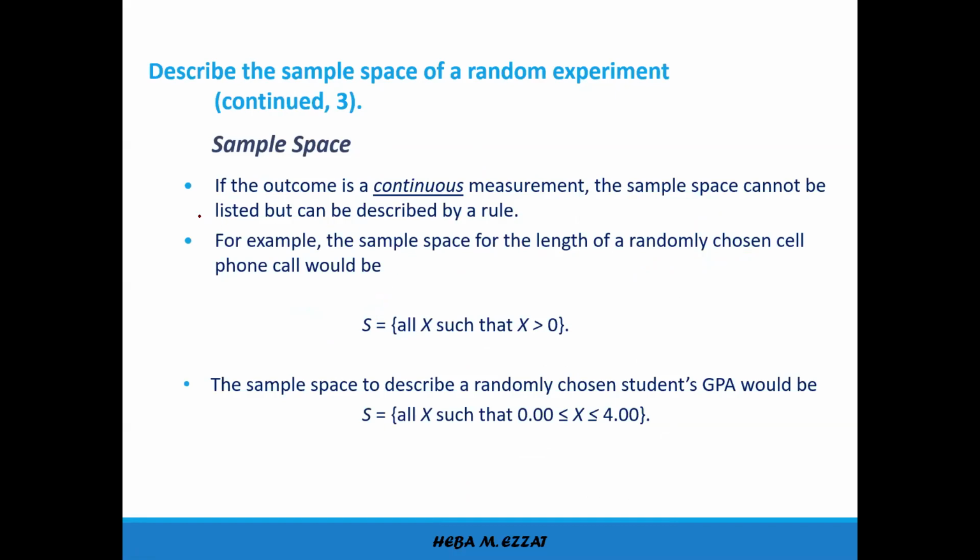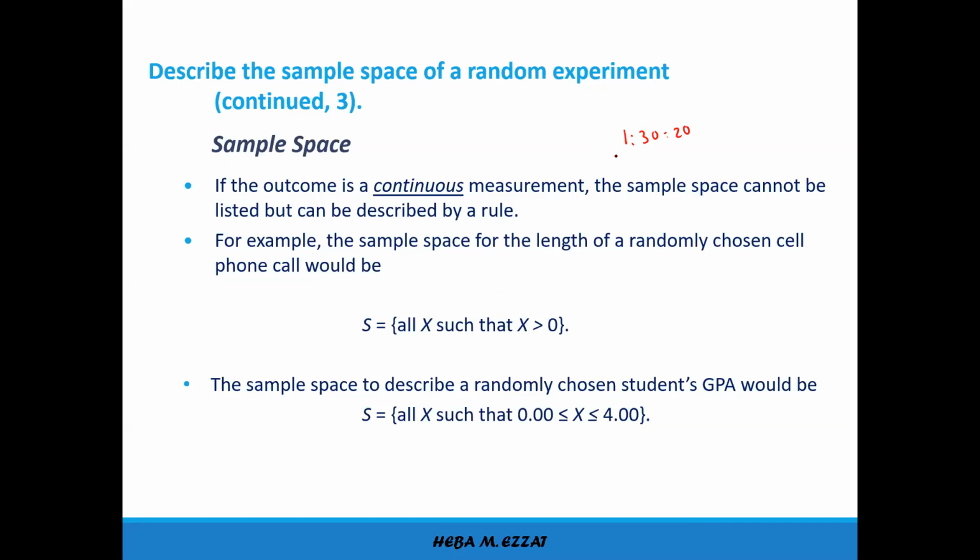But what if the sample space is a continuous measurement? For example, consider time: how much time are you going to spend at the doctor's clinic? In this case, time may be 1 hour 30 minutes and 20 seconds, for example.